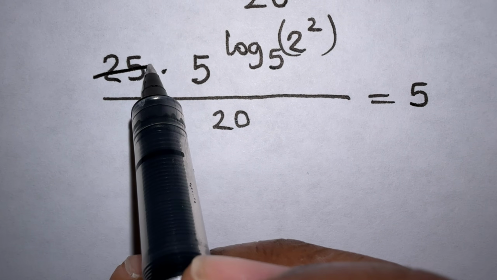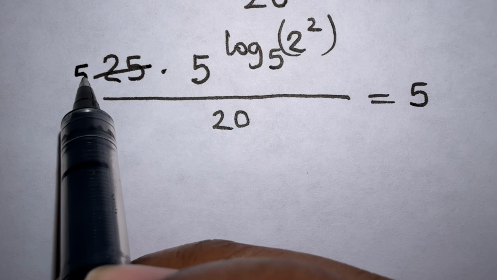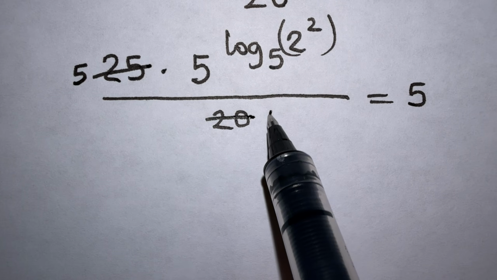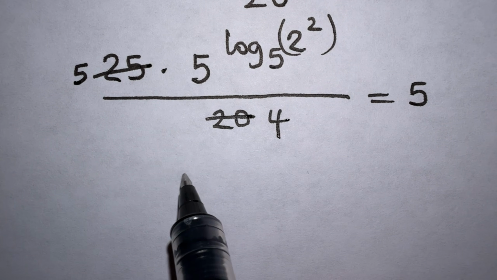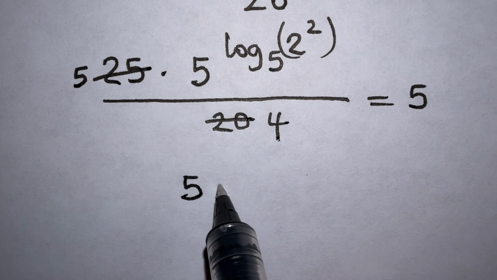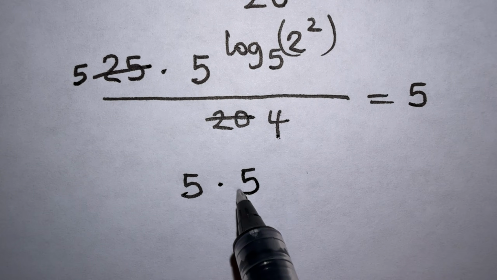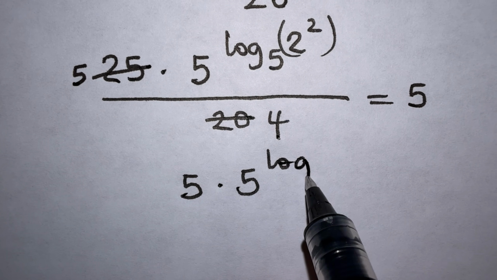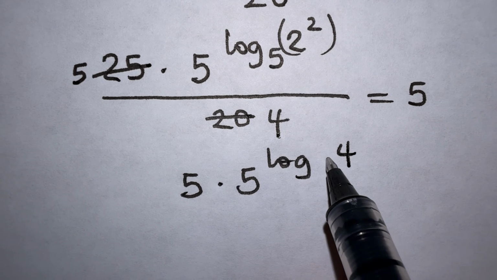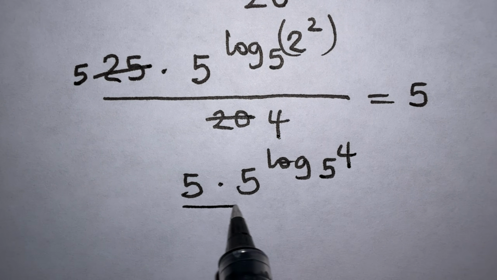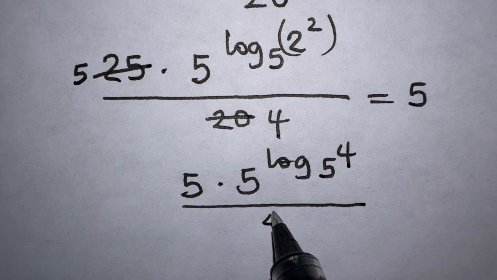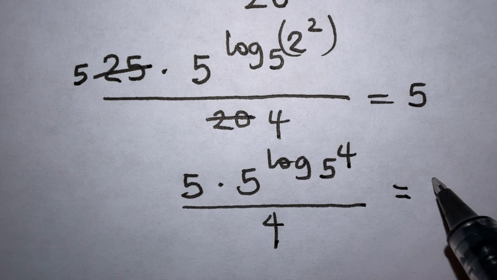5 in 25 here will give us 5. 5 in 20 will give us 4. So we are going to have 5 times 5 raised to power log 2 raised to power 2 is 4, then base 5, then divided by 4 to give us 5.